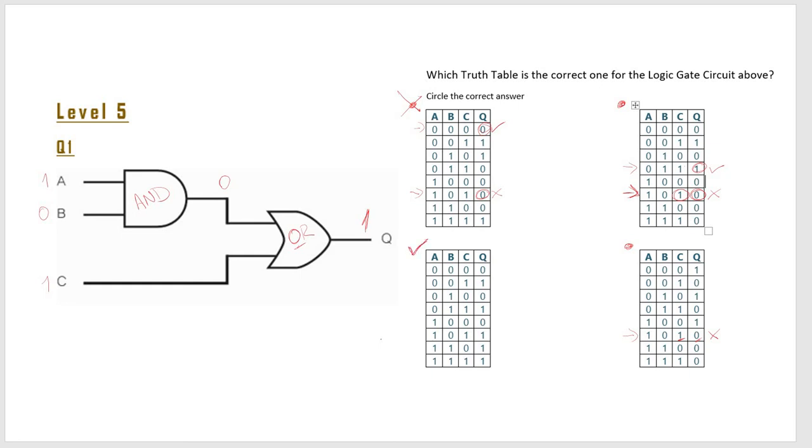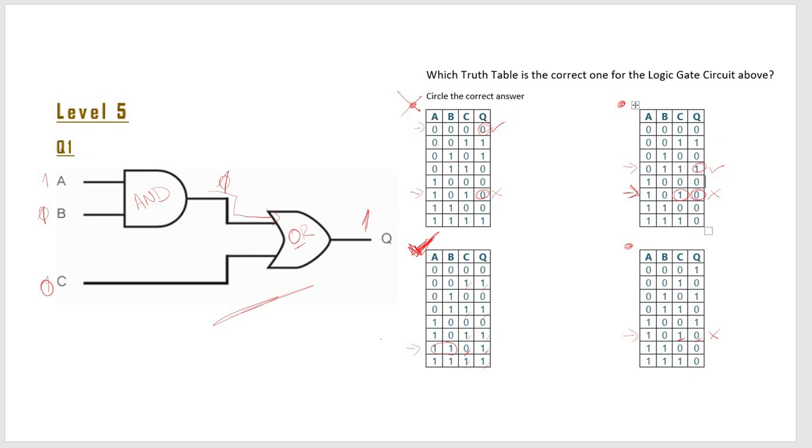Any time C is a 1 here, I can see that the output is a 1 as well. And this one here, even though C is a 0 and the output is a 1, it happens to be a 1 because both A and B are on, which makes this a 1, and therefore the output for the OR is going to be a 1 as well. So this would be the correct truth table for this logic gate circuit.